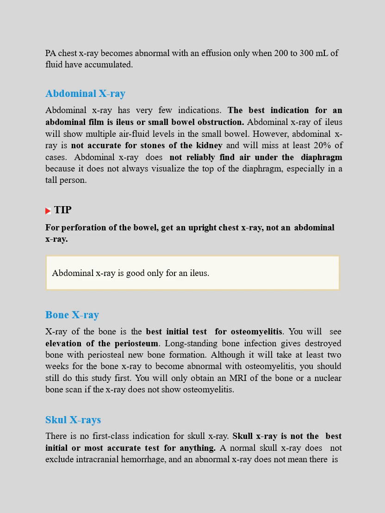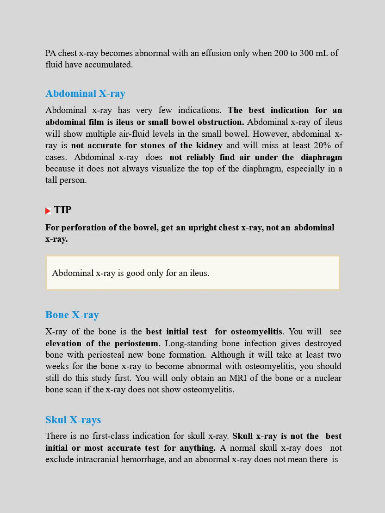There is so-called bone X-ray. The X-ray of the bone is the best initial test for osteomyelitis. You will see elevation of the periosteum. The long-standing bone infection gives destroyed bone and periosteal new bone formation.